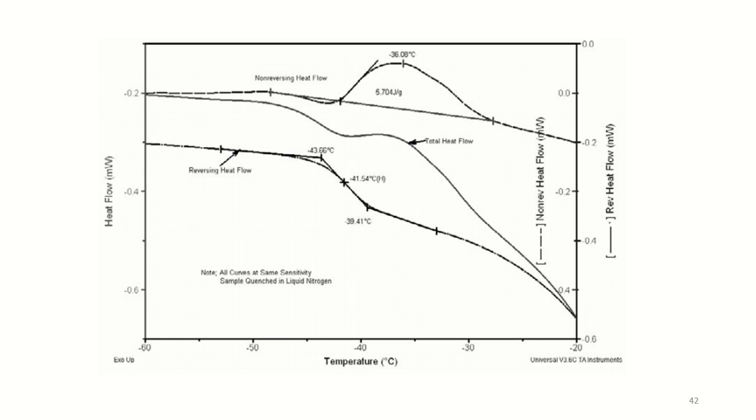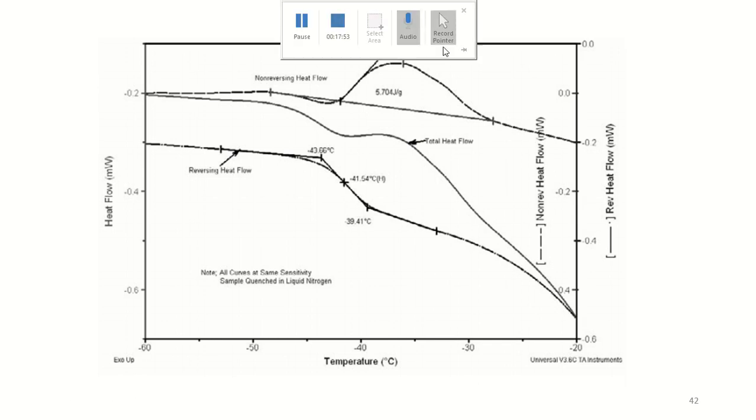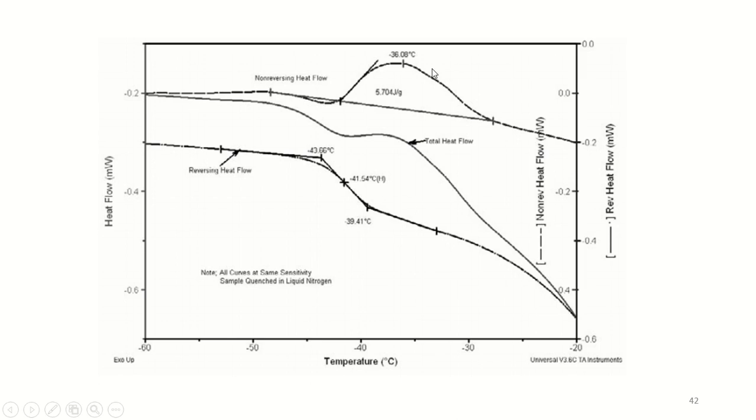This peak shows a maximum at about minus 36 degrees Celsius, which is quite obvious in this diagram, and the heat of crystallization is about 5.7 joules per gram, which is written in this picture.